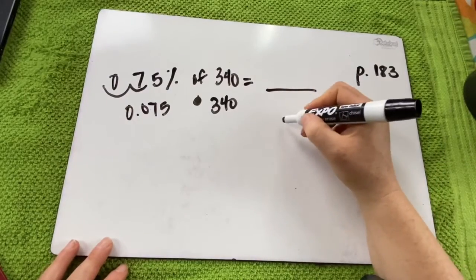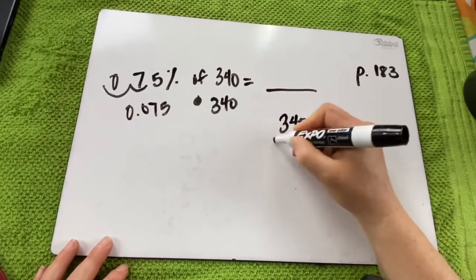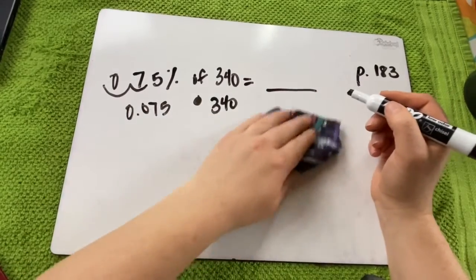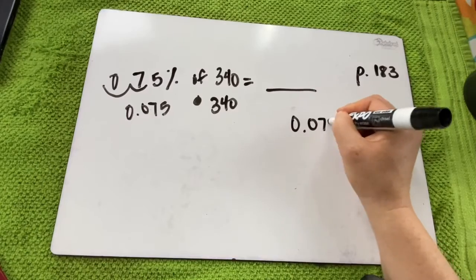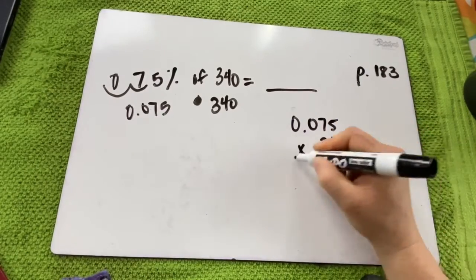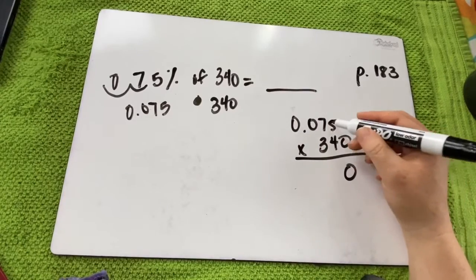Okay, so I have a 340 times 0. Oh, I don't like how that's set up. So 0.075 times 340. So I'm going to drop that 0 over.